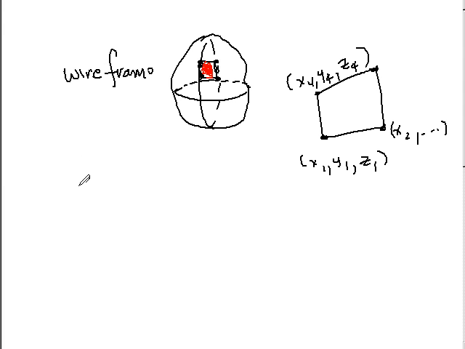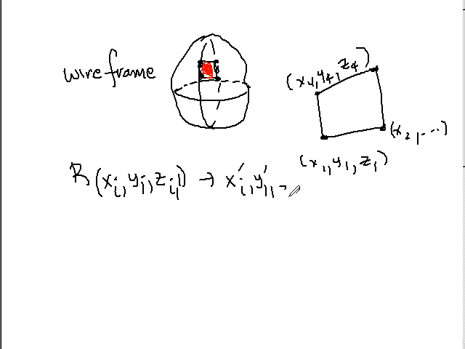If you want to do a rotation of the entire object, you just look at R, and you multiply it by all of these vectors. And then there's also a 1 in there. So you look at these, and you come up with new points, xi prime, yi prime, zi prime, 1. So these are your rotated points.